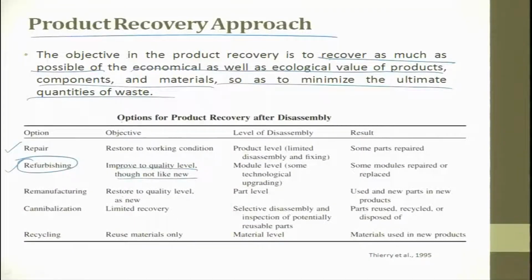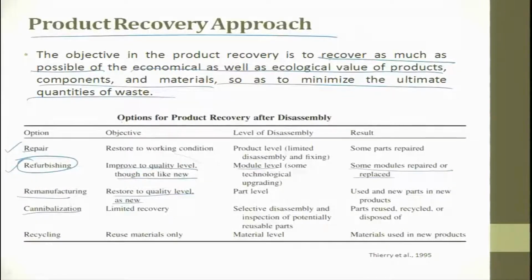Those are called refurbished products, which are generally economical. Here they try to improve the quality level, though not like a new one. At module level, some modules are repaired and replaced. When you talk about repair, they restore the working condition; remanufacture restores the quality level to as new.